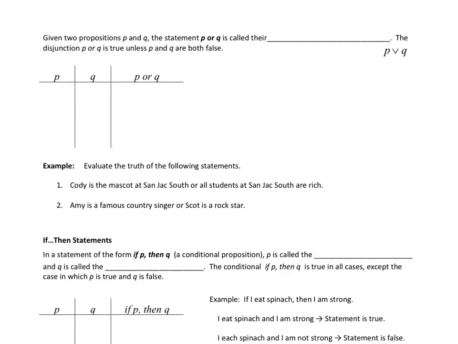Continuing with the or logical operator, given two propositions of P and Q, we can join them together in the statement with the logical connector or, right here, P or Q, and we call this the disjunction. The disjunction P or Q is true pretty much all the time unless both P and Q are false.